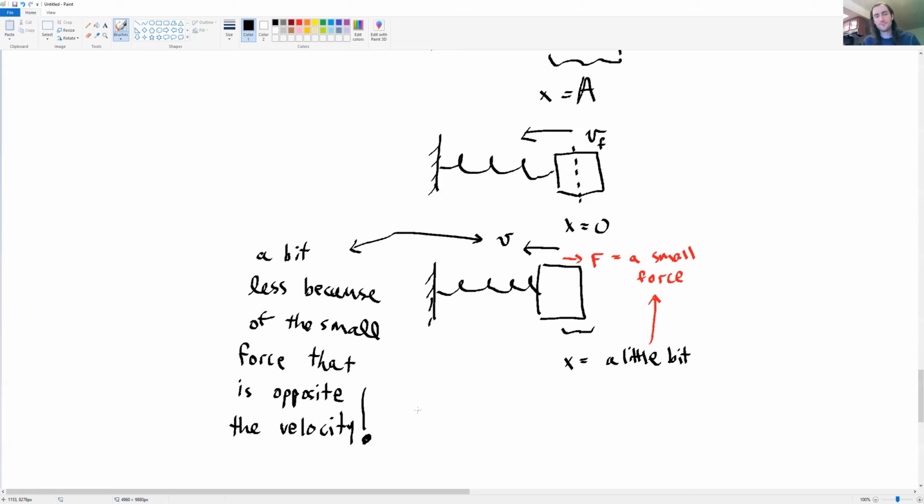So its velocity decreases a little bit as it compresses the spring. If we now reverse the thinking, if we start with a spring which is compressed, we've already seen in the mathematics that compressing a spring or stretching a spring adds the same amount of potential energy.